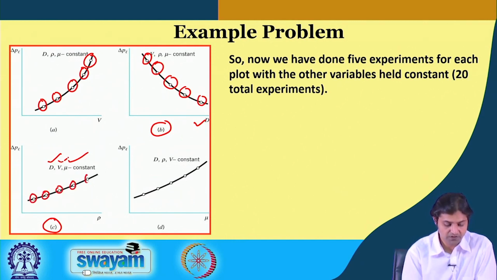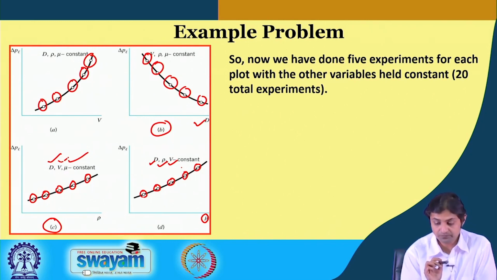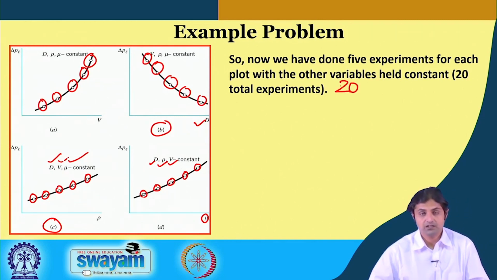And in the last we keep diameter, rho and v constant and vary the viscosity of the fluid, and we see again we have got 1, 2, 3, 4 and 5. So, we have now done 5 experiments for each plot, while the other things were constant, therefore the total number of experiments done is 20. All right.